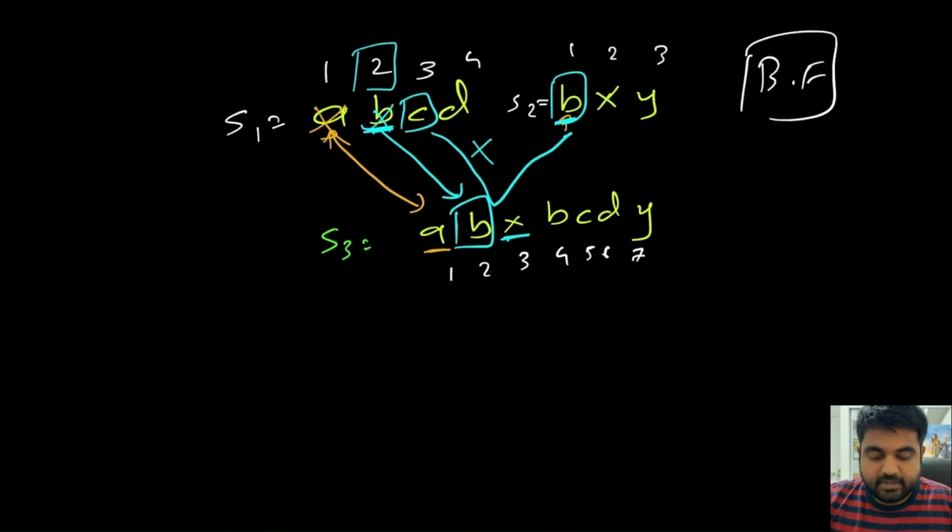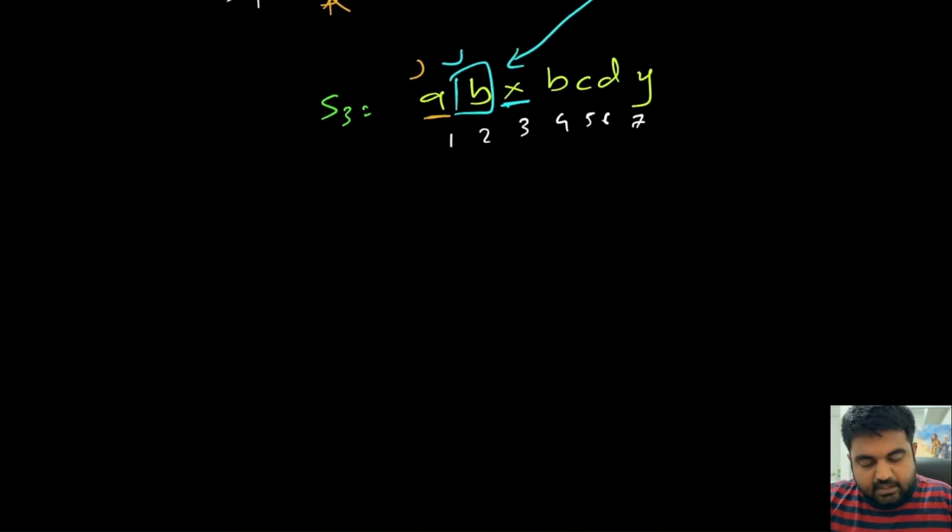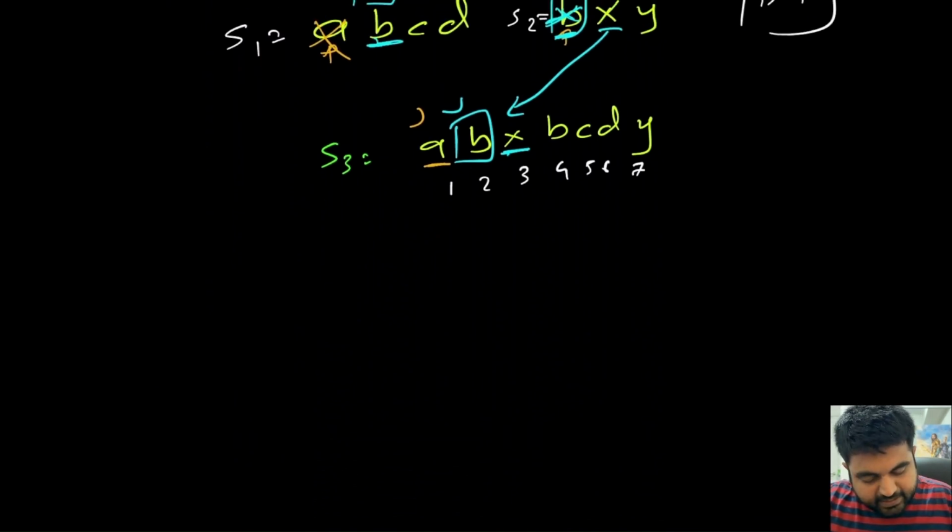But this would be a wrong assumption because we did not consider the scenario where instead of picking this B, we could have picked this B, and then we would still be in a position where we are comparing this B and this X, and then this X would have made perfect sense.